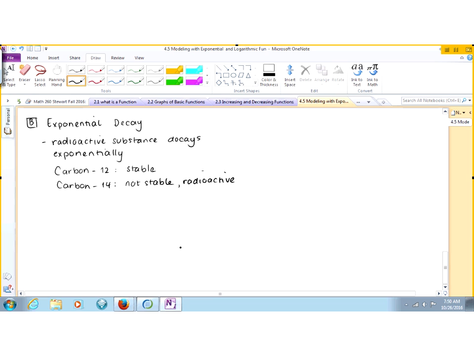Radioactive substance. So it's going to take thousands of years for the radioactive material to be considered gone. I mean, they're not going to be completely gone, but to be considered gone, it's going to take thousands and thousands of years. Chernobyl, 1986. Yes, 10,000 years.